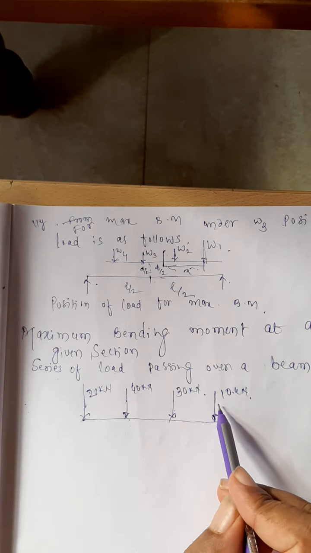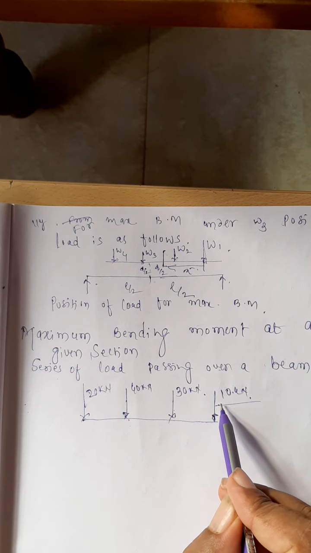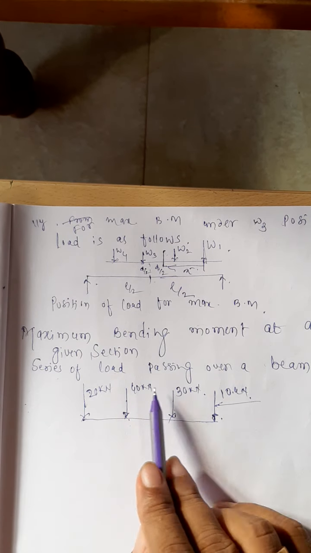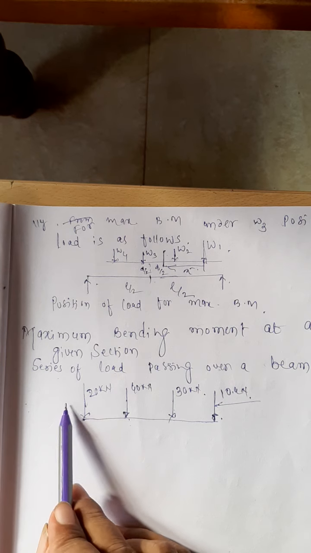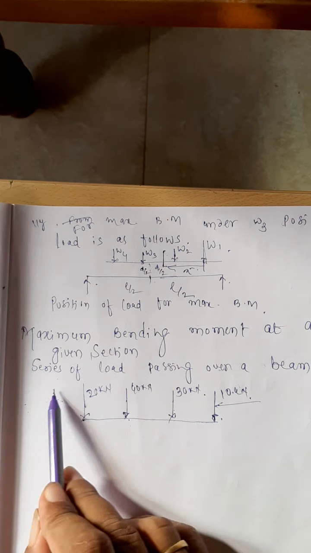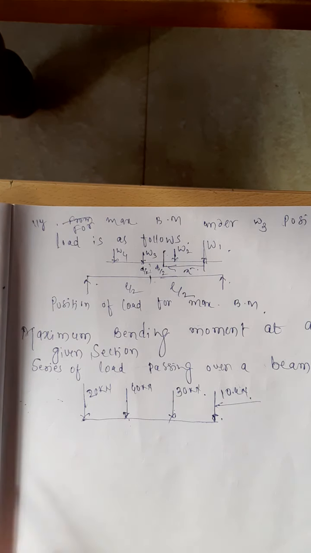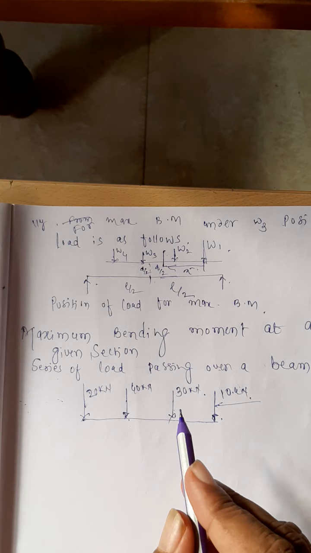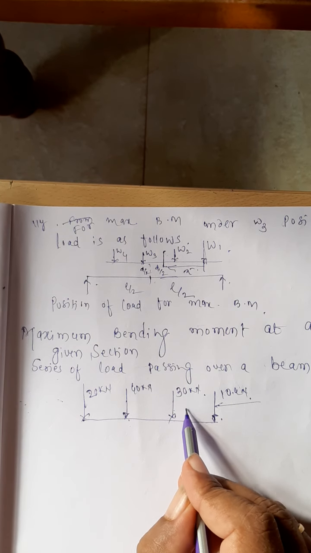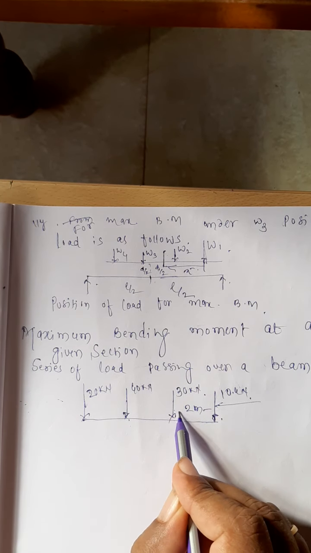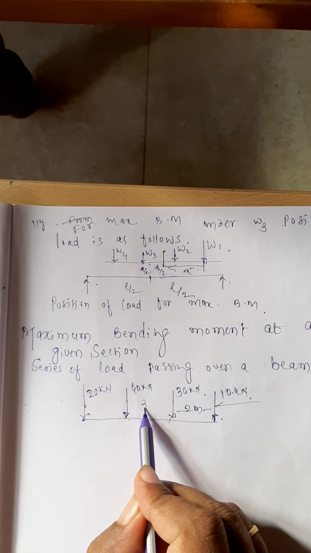Of that, whatever the front load is, when he gives a series of loads, only this load as a single unit you need to move in the forward or the backward direction, but you cannot change the distance between those loads. That you need to remember here, right?